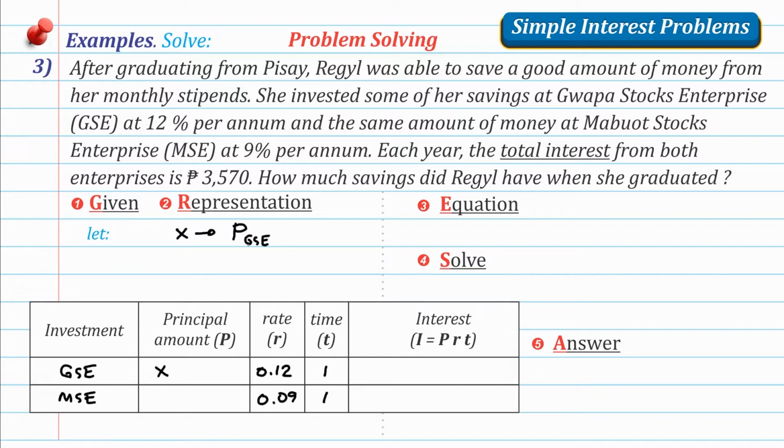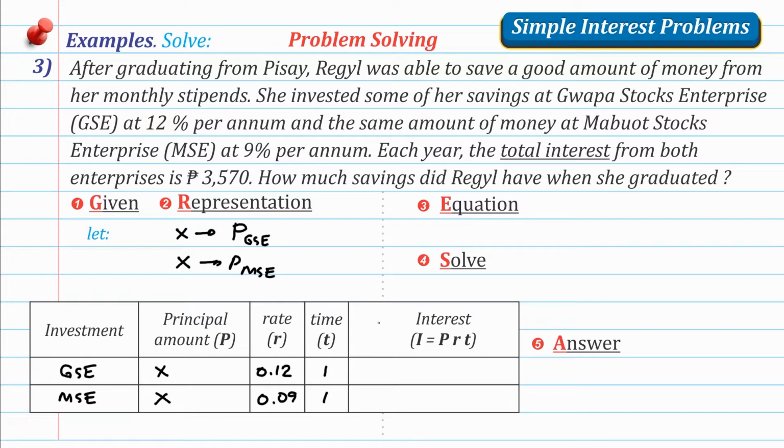X. Now, how about yung principal amount or doon sa pinasok niya sa MSE? Does it say? According to this, it's the same amount of money. Now that will be good because if this were X, yung ipinasok niya sa MSE would also be the same value represented by X. So, let this also be X. So, pareho lang pala, represented by X.